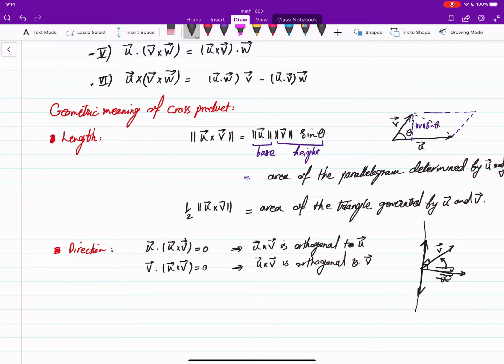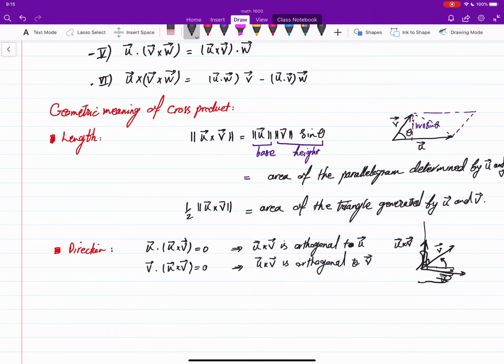When it's open, it shows the direction of u. When you roll into your palm, you get the direction of v. So from u to v, your thumb shows where u cross v is. This is u cross v, not the lower one. So let me just erase this one. Yes, so this is how you find the direction.